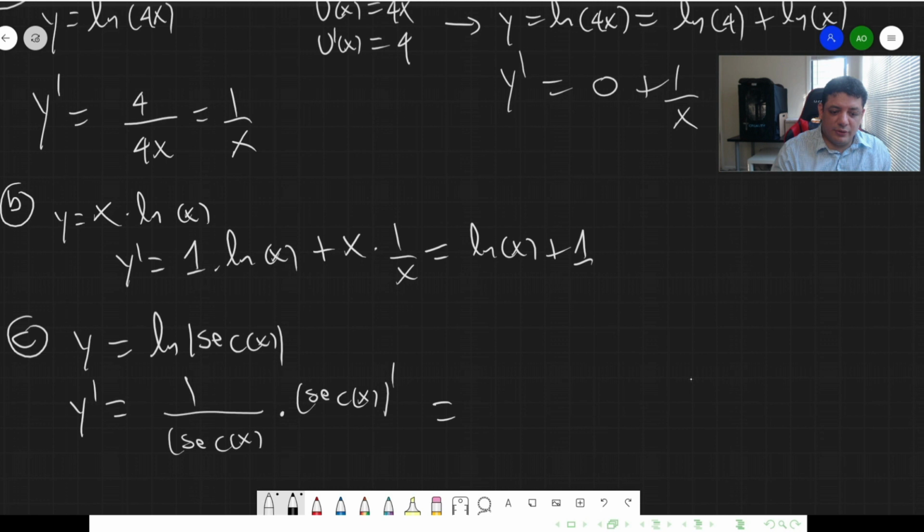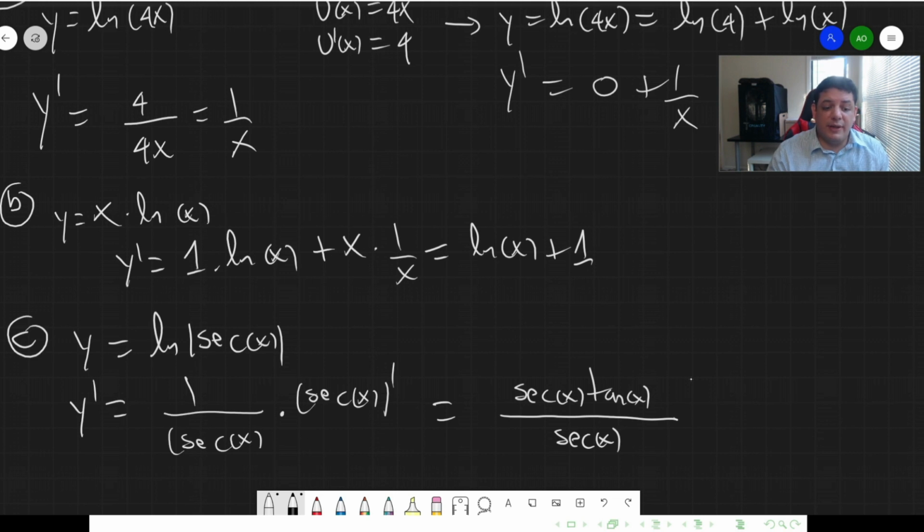And the derivative of secant is secant of x times tangent of x. Wait, this is secant, not cosecant. I was thinking in cosecant for a second. So secant of x times tangent of x, over secant of x. Now I'm going to be able to cancel secant of x, and that's just going to be tangent of x.